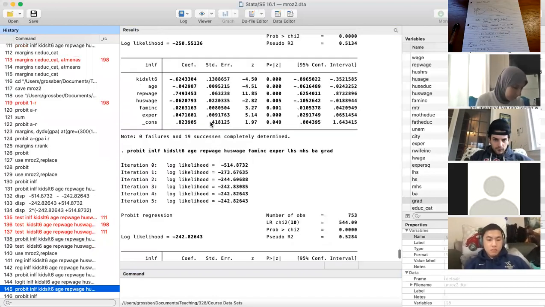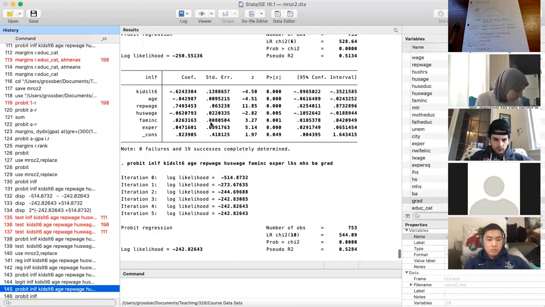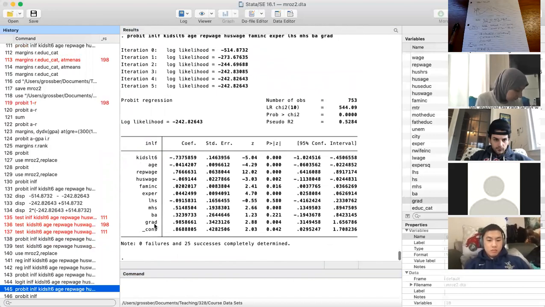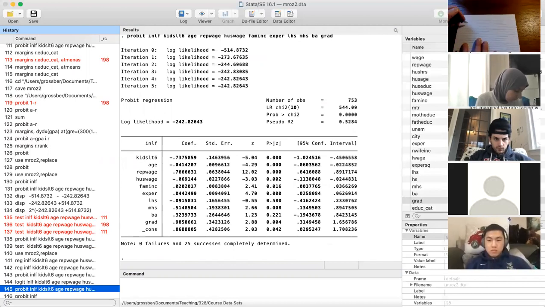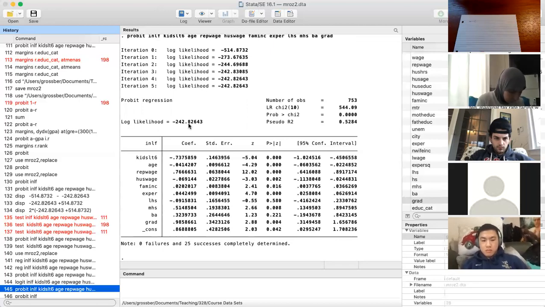And we can then test the hypothesis that as a group, these independent variables don't matter. Let's go ahead and compute that. So the likelihood ratio in this case is going to be 2 times the log likelihood for the unconstrained version. This is the unconstrained version. It has all the variables in it.